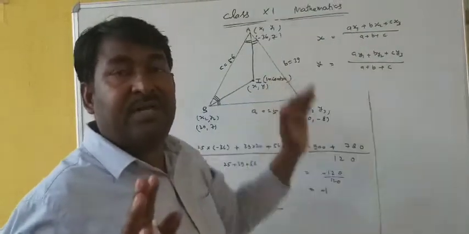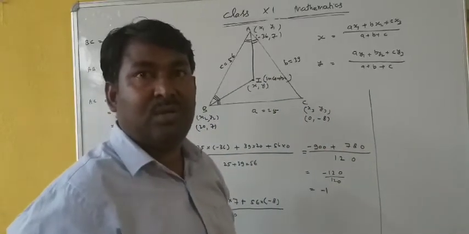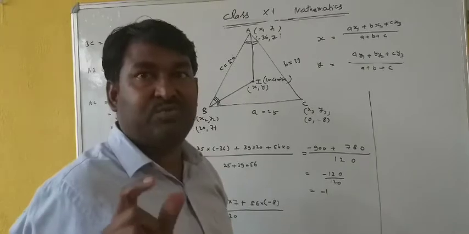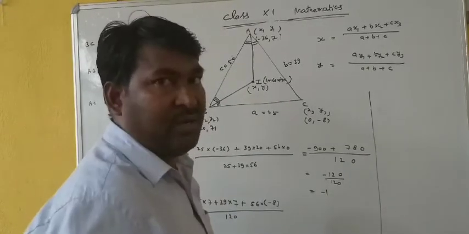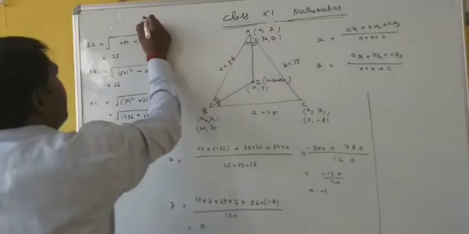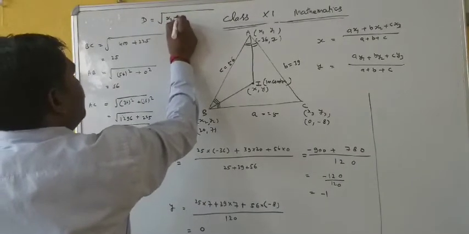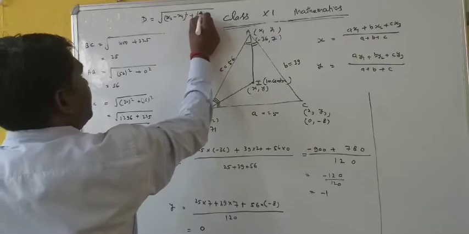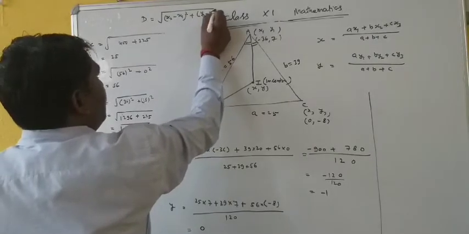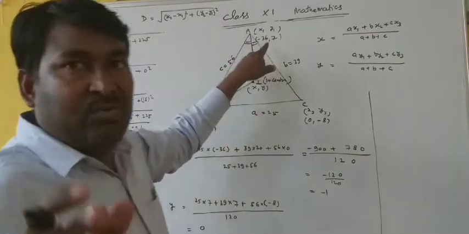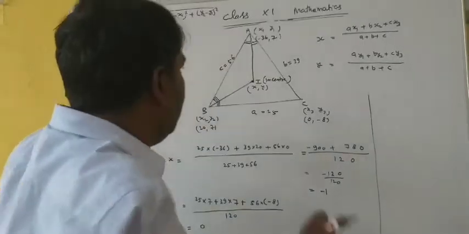We have the distance formula, under root x2 minus x1 whole square plus y2 minus y1 whole square. By using this formula I have calculated here. I want to show you how.